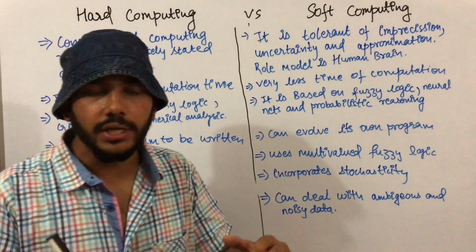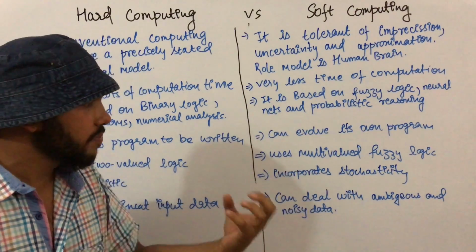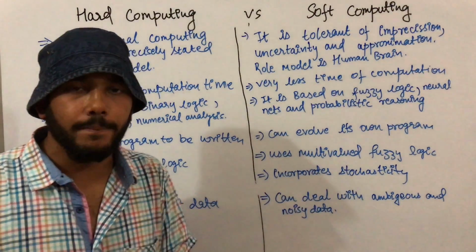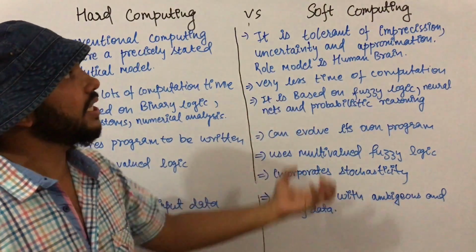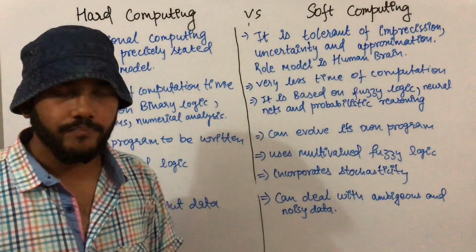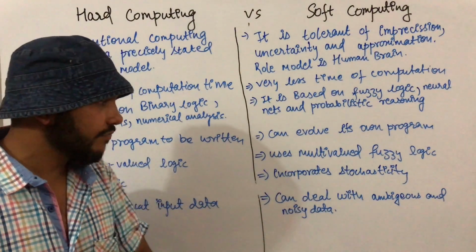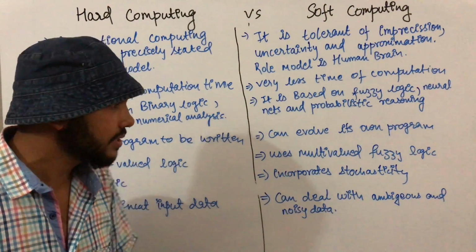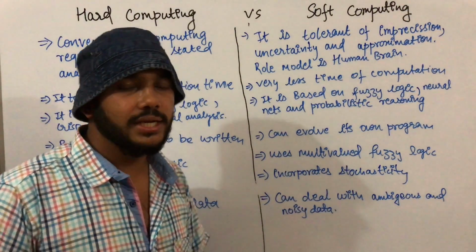Suppose data is flowing from different networks and that data has become noisy or ambiguous, and you don't know whether that data is correct or not, then still soft computing will work. Why? Because here we have approximation techniques. With the help of approximation techniques, we are going to handle ambiguous and noisy data.